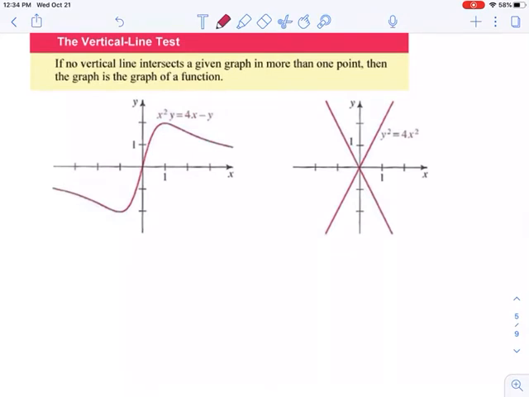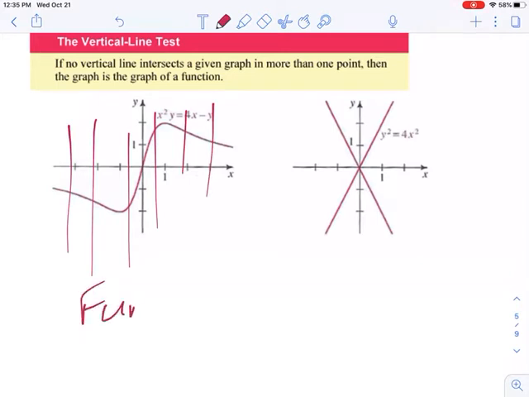Vertical line test you should be familiar with. I say it a little bit differently. I do a vertical line test: if a vertical line can be drawn through the graph and it touches that graph in more than one place, then it is not a function. Okay, so here is everywhere we go, only once.